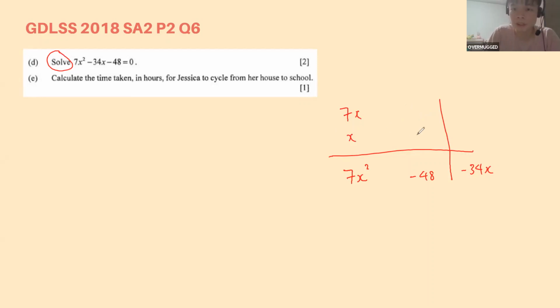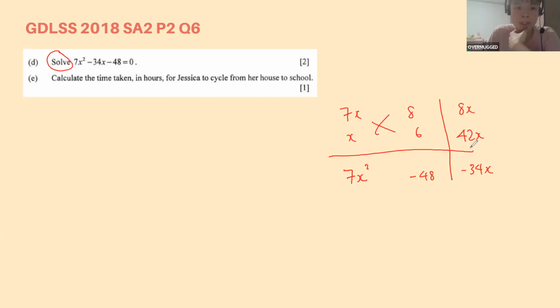Let's try 8 and 6. 8 times 7, 56. 6. Nope. Yep, Sharini, close. You might want to check the sign. 6 times 8. This looks like it'll give me 34.